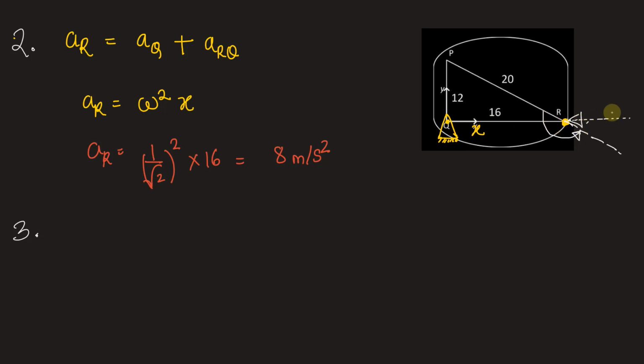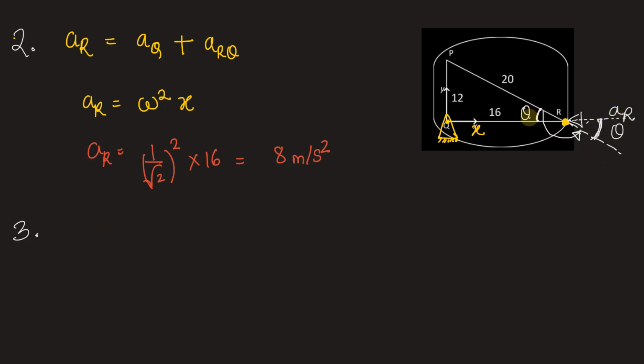So, this is actually acceleration at R that we have found out. Now, angle of this will be nothing but 180 degree plus this theta angle. Now, vertically opposite angle ORP is also equal to theta, this angle. Hence, we can find out theta and then add 180 to find this complete angle.